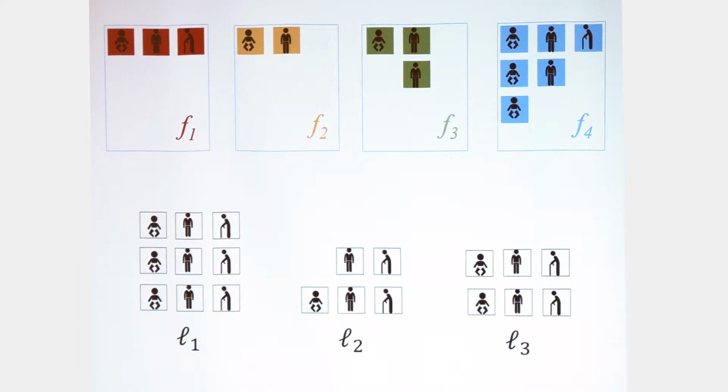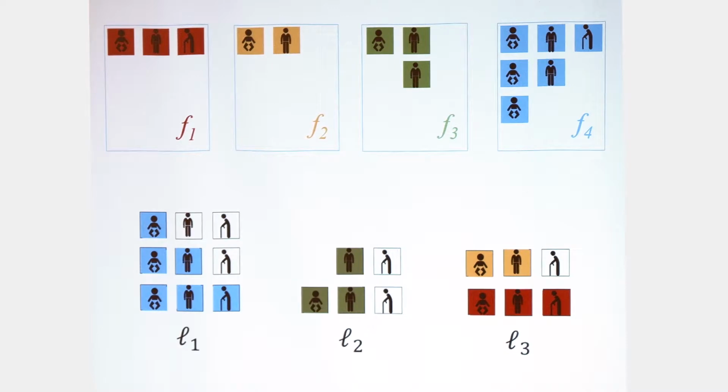We can see that we cannot assign family 4 to locality 2 or 3 because of the capacity constraint on the number of children. The only way to assign family 4 is to locality 1. This example shows a way of assigning all 4 families to localities.